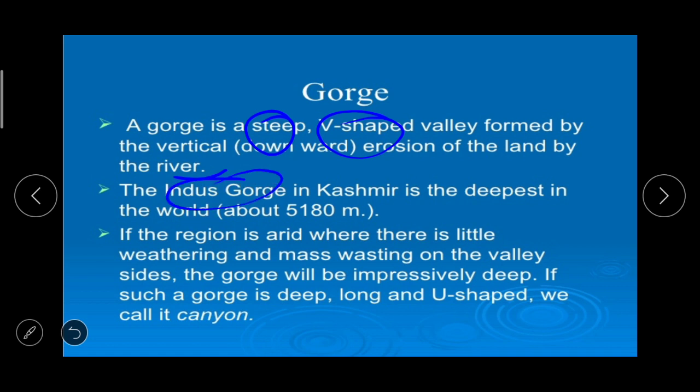If the region is arid where there is little weathering and mass wasting on the valley sides, the gorge will be impressively deep. If such a gorge is deep, long and U-shaped, then we call it a canyon.